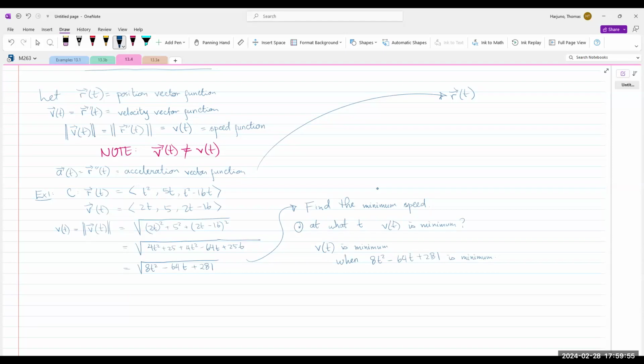From the quadratic equation, we know that a parabola has its minimum point when t equals negative b over 2a. So you will see t equals 4. Therefore, the minimum speed happens when t is 4. 8 times 4 squared minus 64 times 4 plus 281.